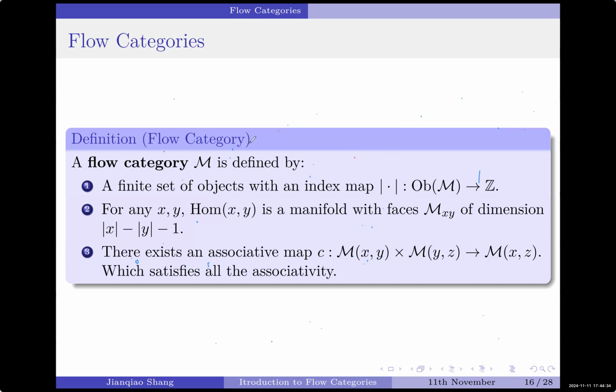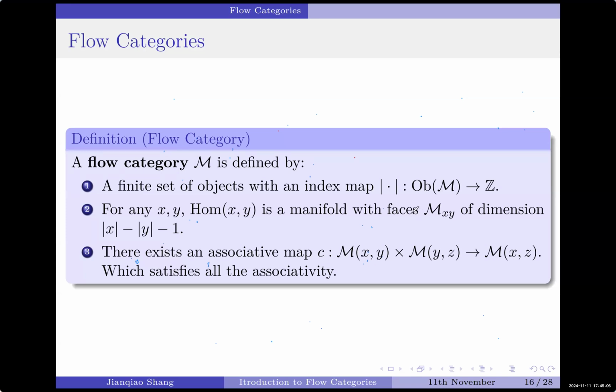So let's try to rewrite the things in the first part into abstract language. A flow category M is defined by a finite set of objects with an index map. And for any two points x and y, the morphism is a manifold with phases.